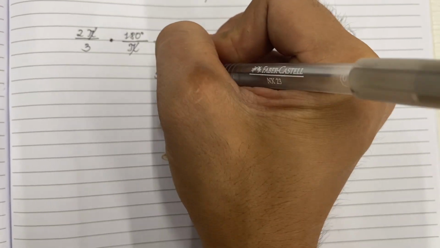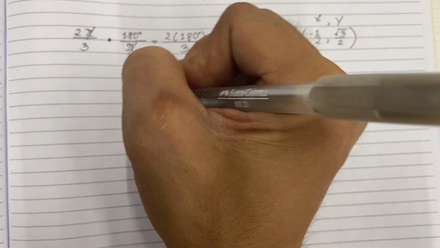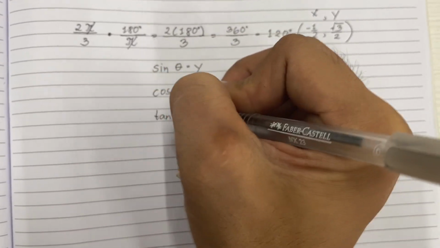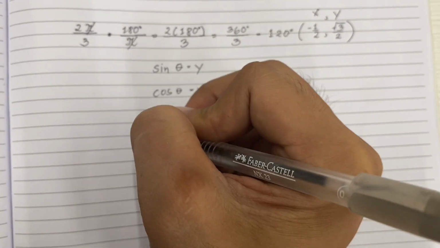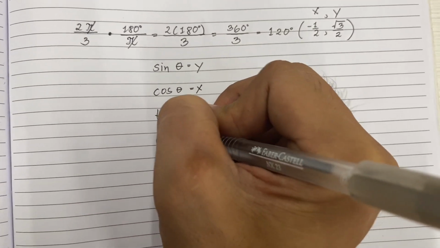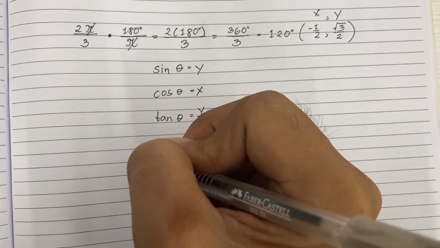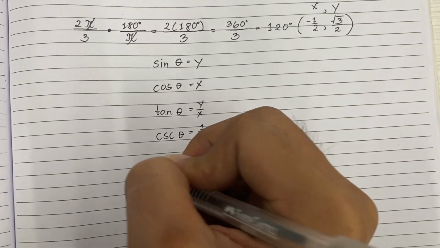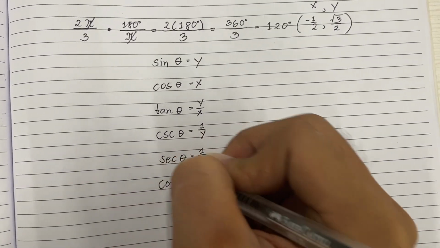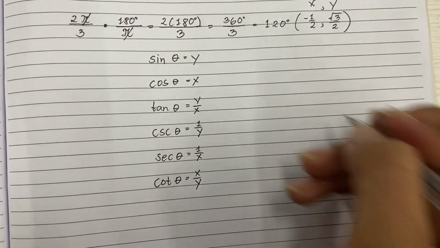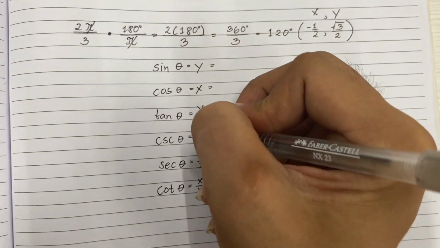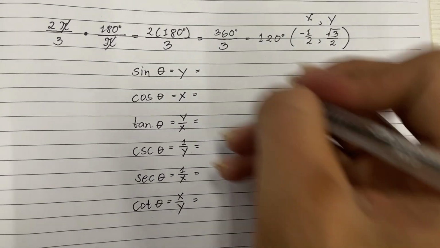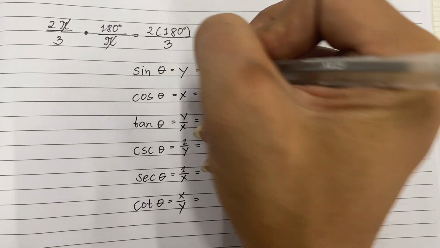We have sine theta, cosine theta, tangent theta, cosecant, secant, and then cotangent. Alright, let's start with sine theta, which is equal to y. y is square root of 3 over 2. So we should write it there.